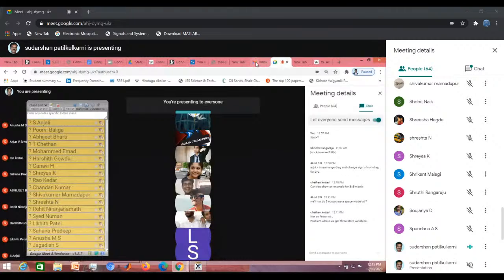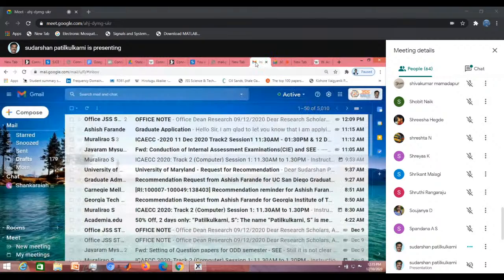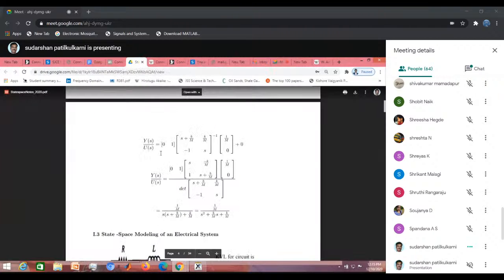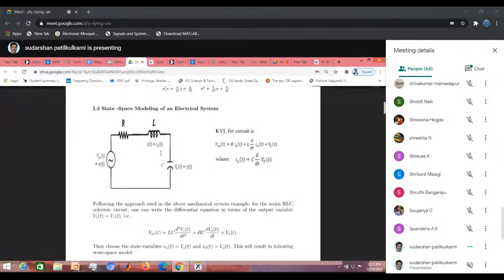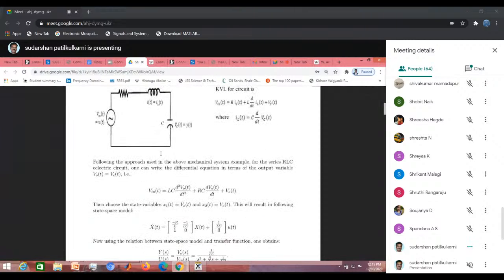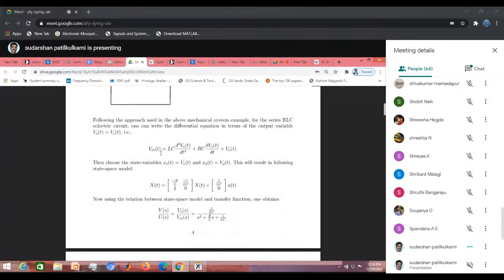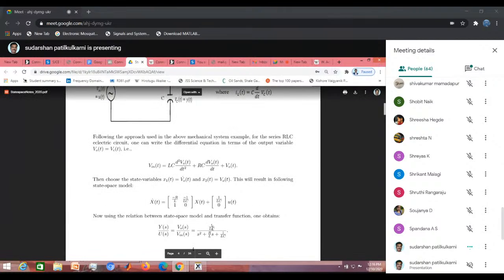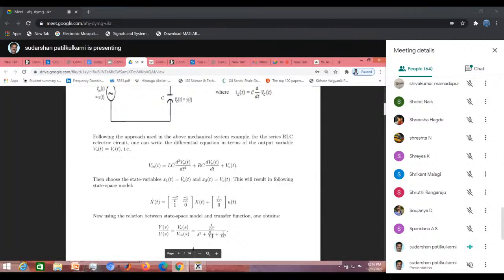So we'll similarly derive the transfer function for the circuit. The transfer function is 1 over LC divided by S square plus R over L S plus 1 over LC.